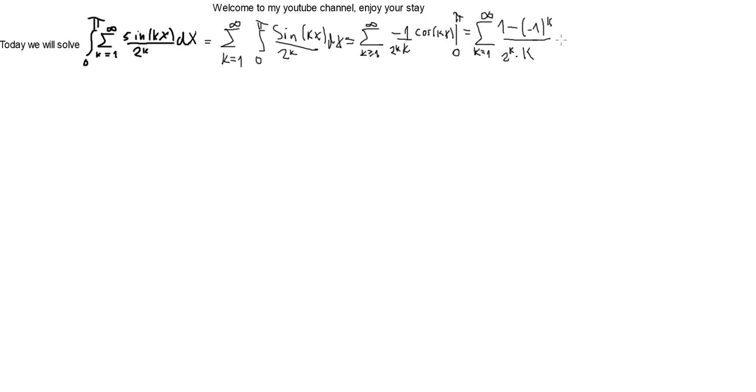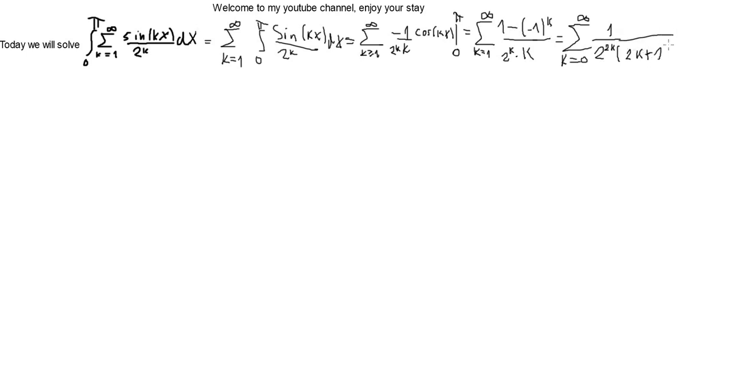And if you split up the even and odd terms, it will be equal to the sum from k equals 0 to infinity of 1 divided by 2 to the 2k times 2k plus 1.